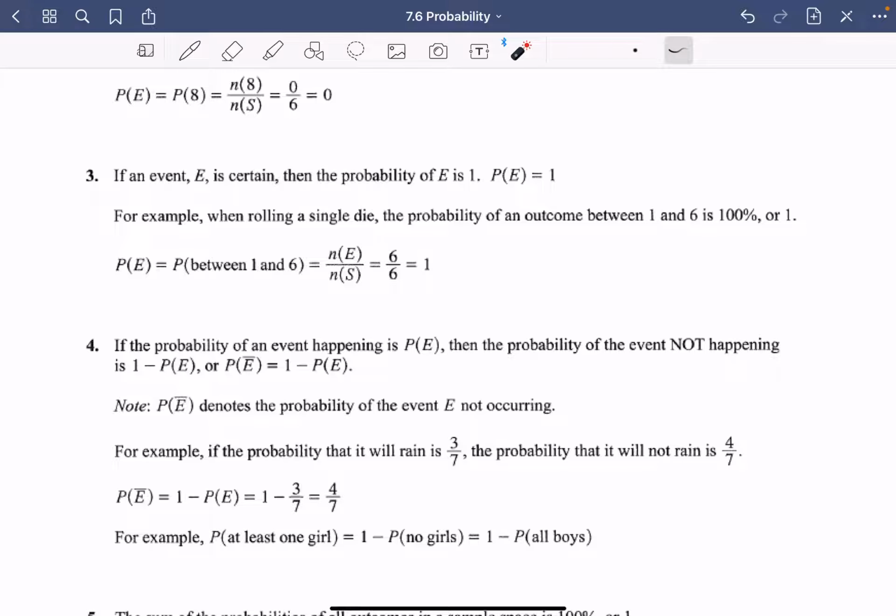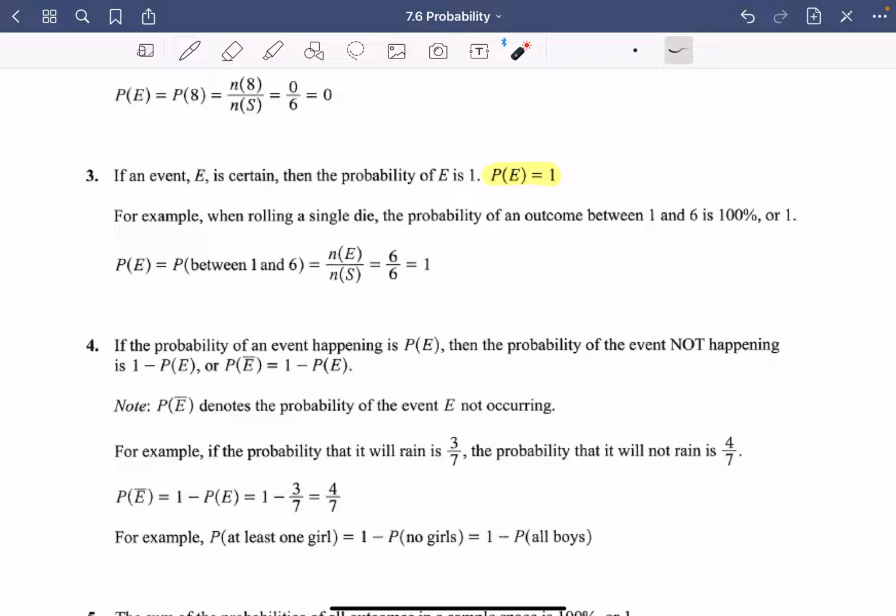And if an event is certain, then the probability is 1. Okay, so for example, let me just highlight this. If you are rolling a single die and you want an outcome that's between 1 and 6, well, we know the numbers on your die are 1, 2, 3, 4, 5, 6.